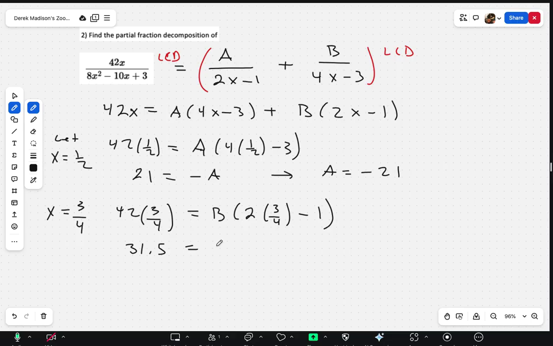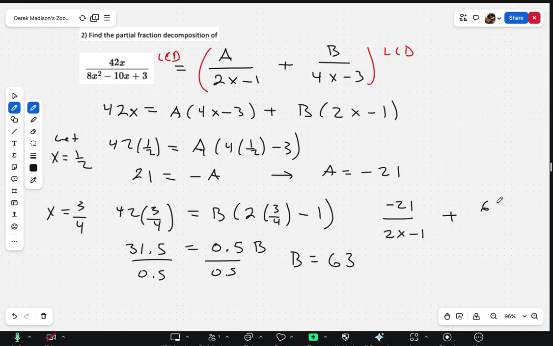So again, I thought of it as a decimal, so 0.5b, and then we can divide that over, and you should get b equals 63. So then the answer would be negative 21 over 2x minus 1 plus 63 over 4x minus 3.